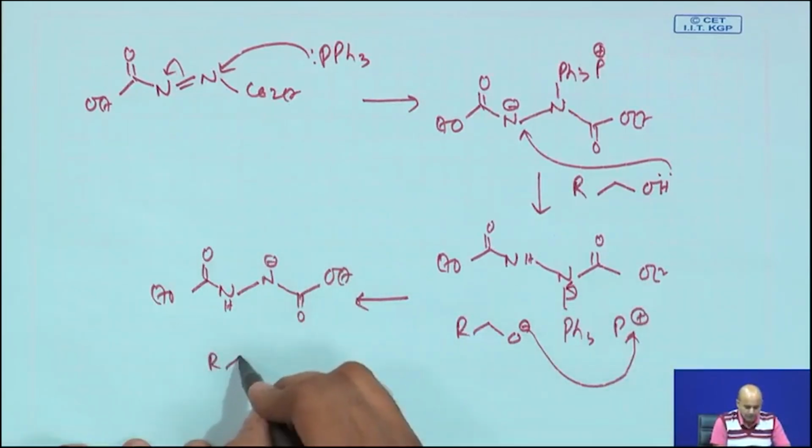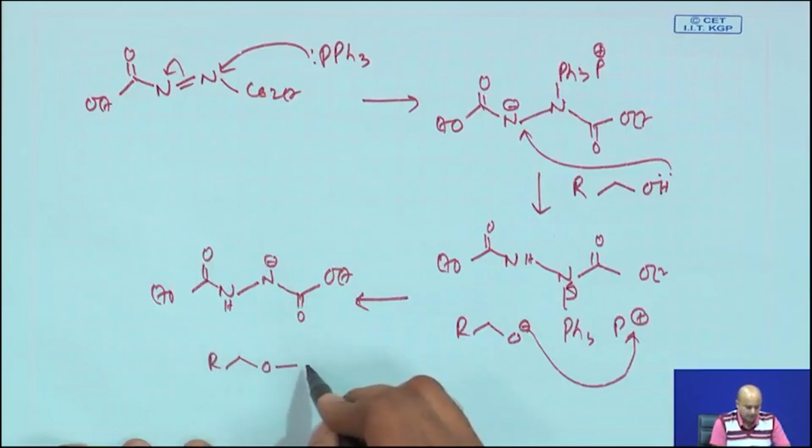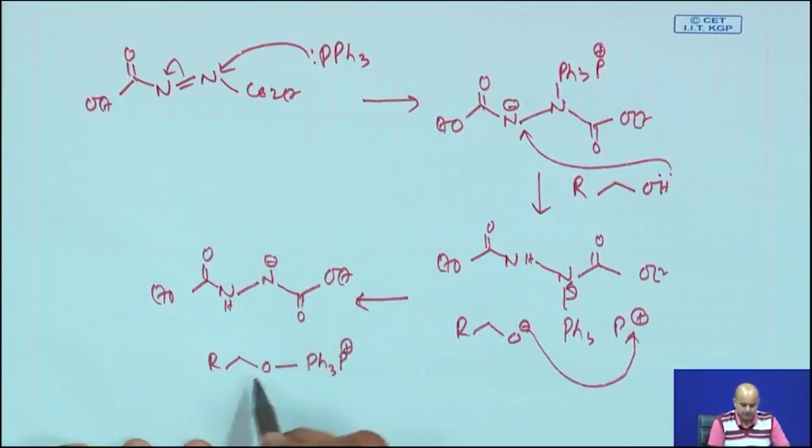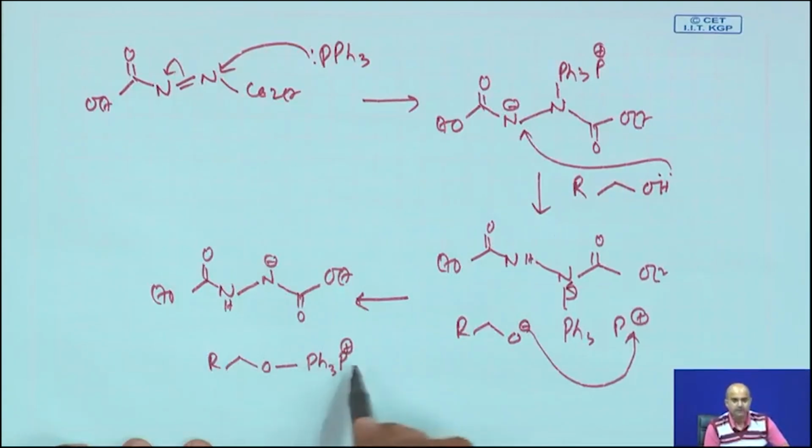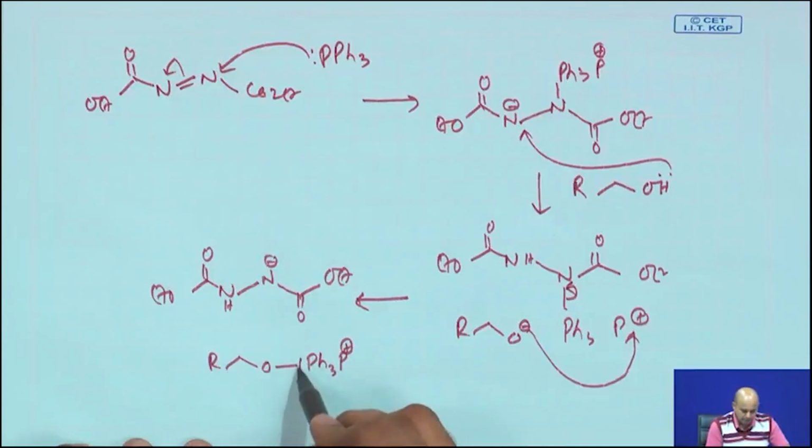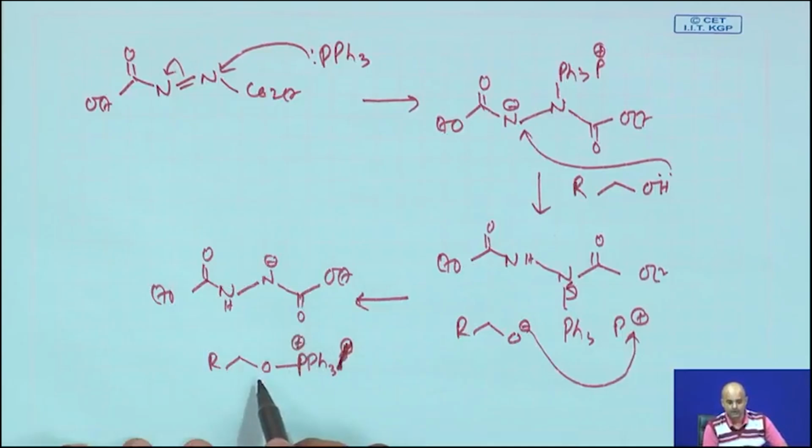And what you will get? You basically get this oxygen-phosphorus species. Oxygen and phosphorus have a very strong bond energy, basically it should be like this, O-PPh3 plus, the very strong bond energy.